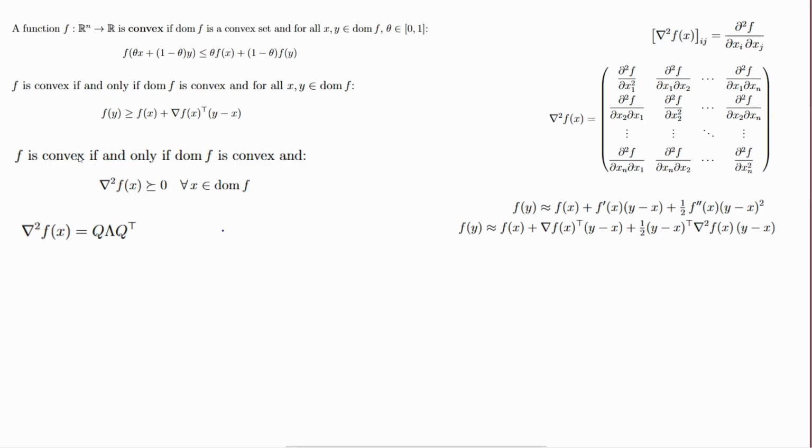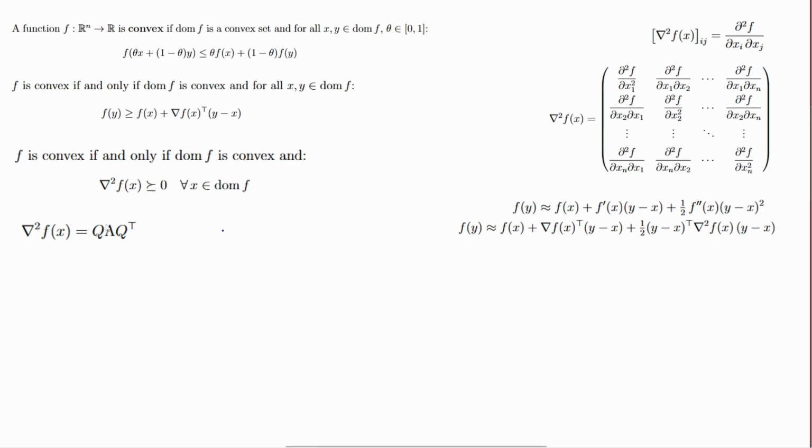Okay, I'm not going to prove it because it's a little bit more involved, but let's instead dive deeper into more of the linear algebra. In particular, I hinted earlier about eigenvectors and eigenvalues, so let's see how the Hessian and convexity are related to them. Since the Hessian is symmetric, we can decompose it into eigenvalues and eigenvectors.